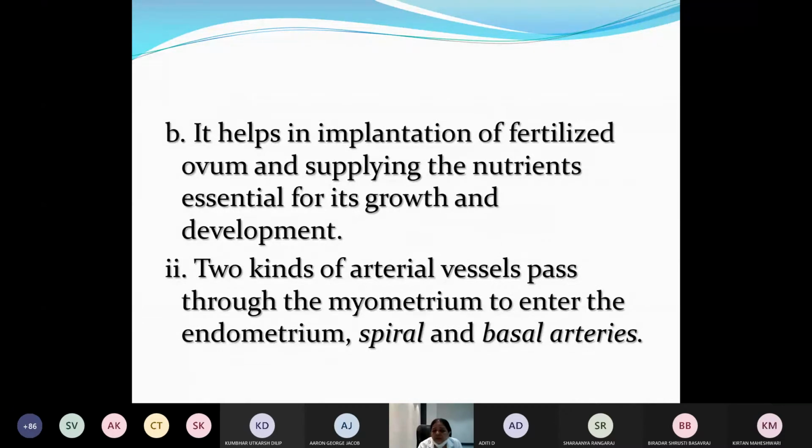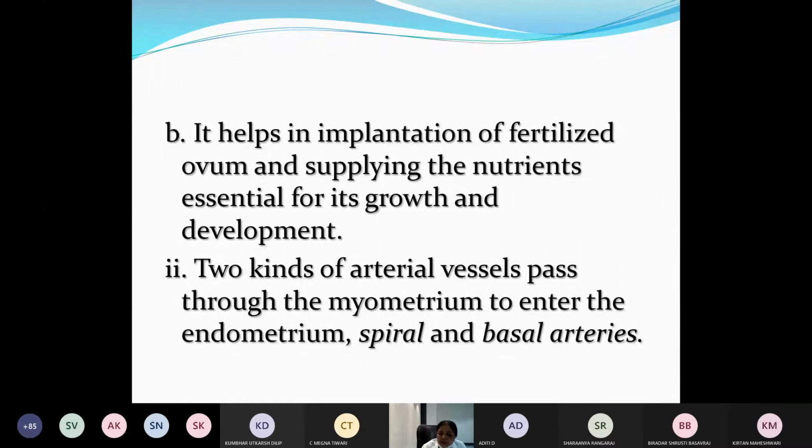It helps in implantation of fertilized ovum and supplying the nutrients essential for its growth and development.